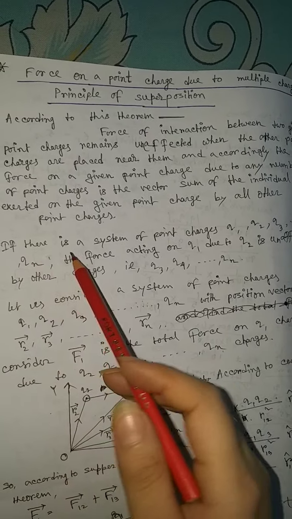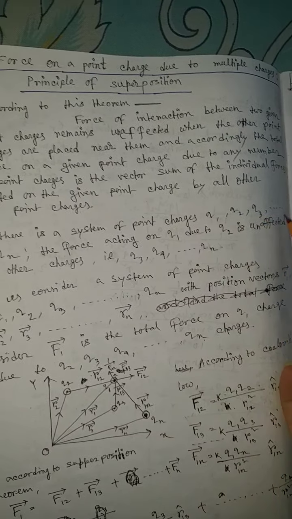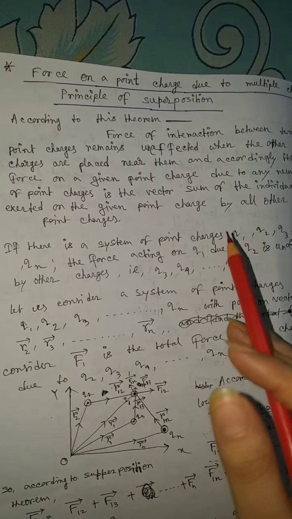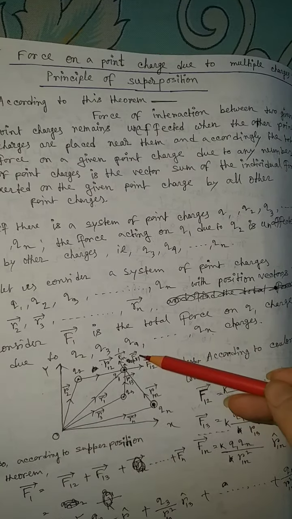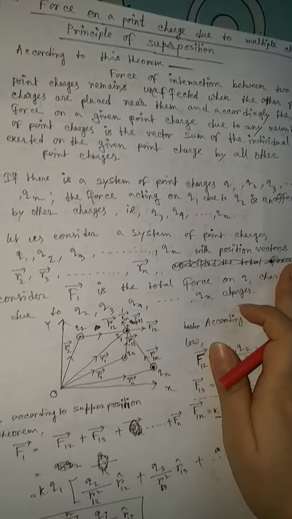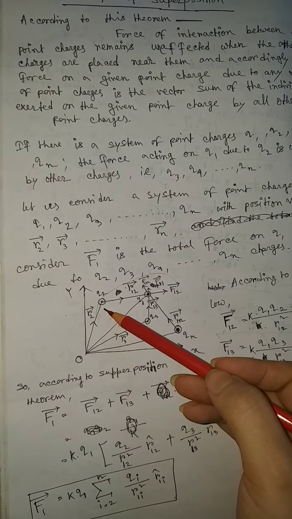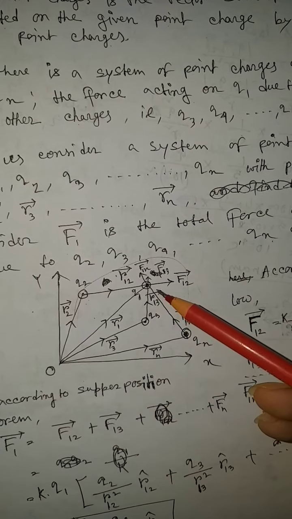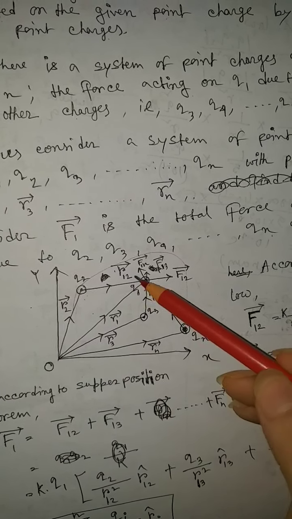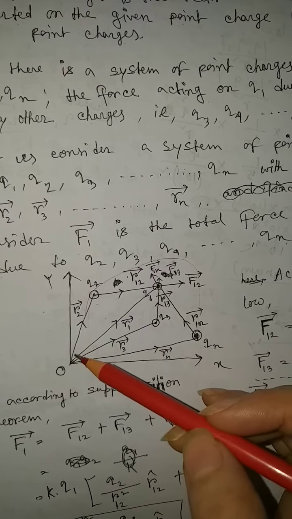Let us consider a system of point charges Q1, Q2, Q3 up to Qn. I am going to take n charges and place them in a two-dimensional plane. You can see here this one is the Q2 charge, this one is the Qn charge, and the Q1 and Q3 charges.